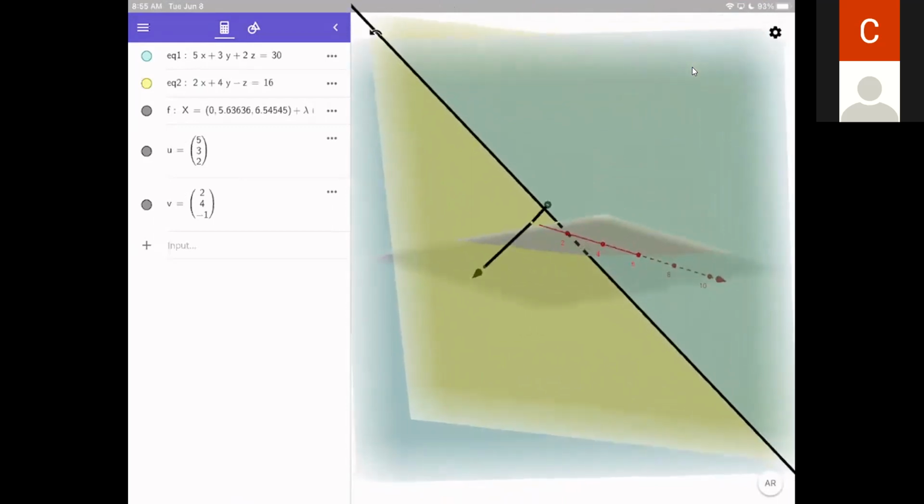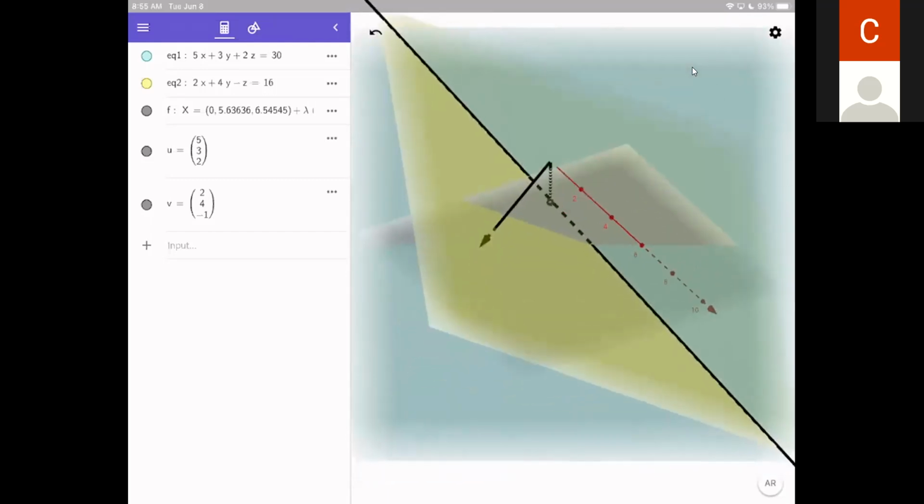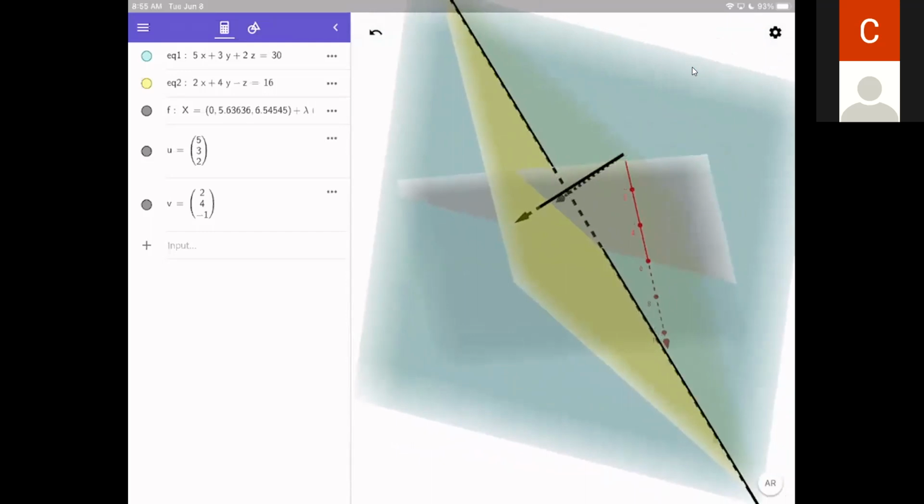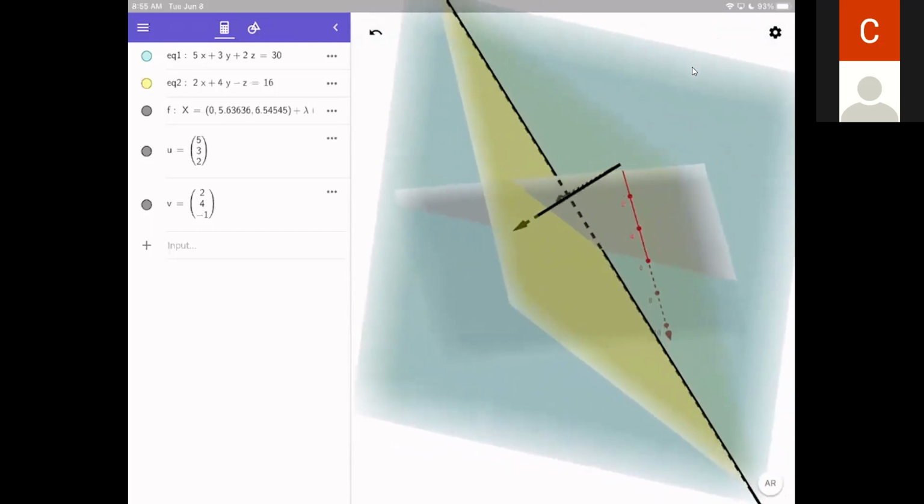What's perpendicular to those two? Can you see it from that direction right there? If I cross product them, I get a vector perpendicular.